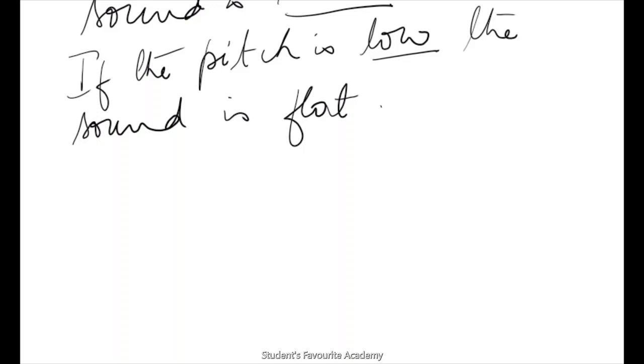Now, for example, in string instruments such as piano, violin, guitar, the frequency of vibrations of the string depends upon the tension and thickness of the string. They can produce notes of different pitch by changing the thickness and tension of the strings.